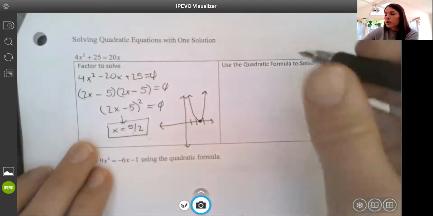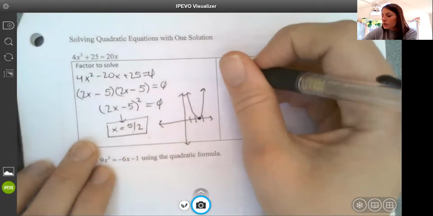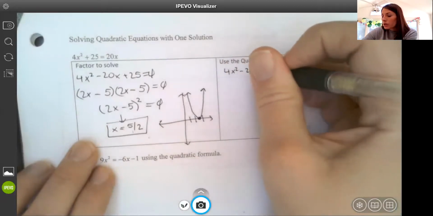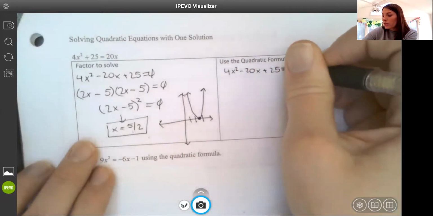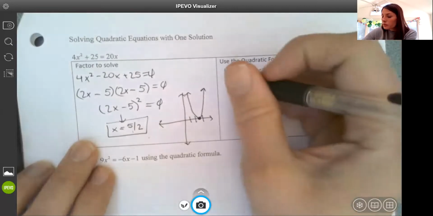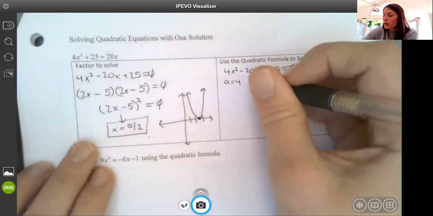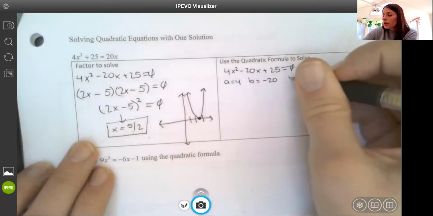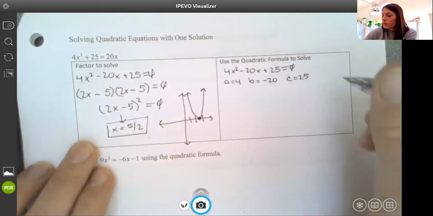Now let's look at it using the quadratic formula. So again, to use the quadratic formula, just like factoring, we have to get it set equal to 0. A equals 4, B equals -20, and C equals 25 here.